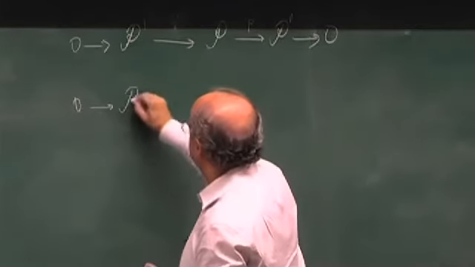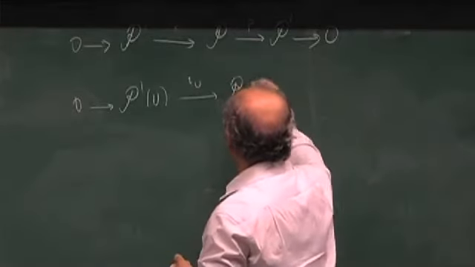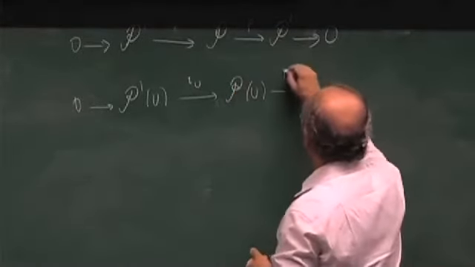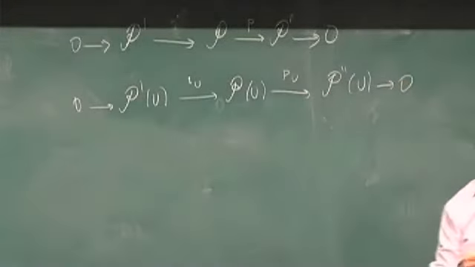So for every open subset, we have a sequence of morphisms. And we ask this to be exact for every open set U.